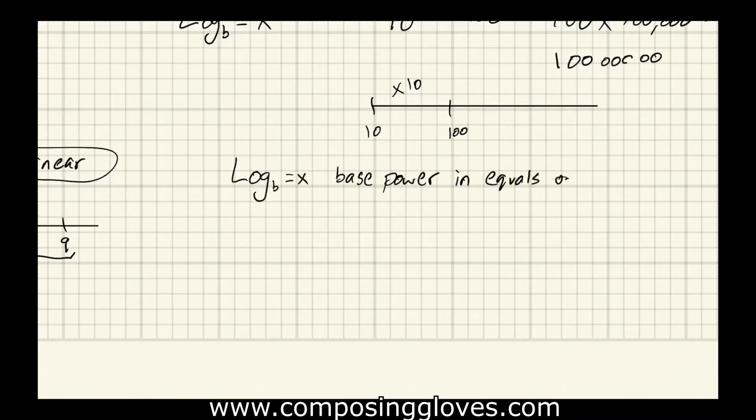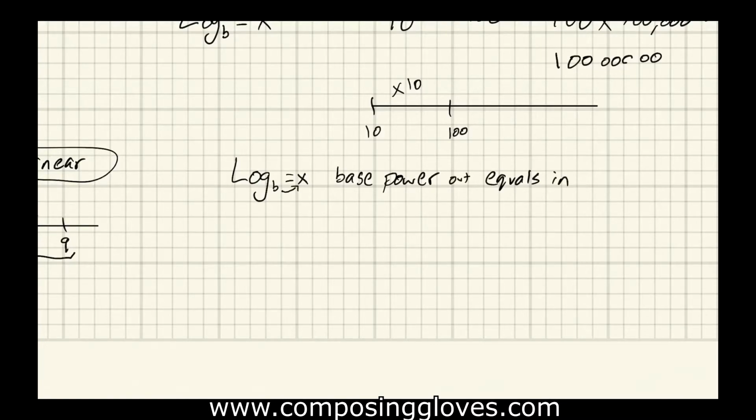And some people memorize it wrong. They'll say base power in equals out. What the motion will look like is base power out equals in. You should memorize your sentence correctly too. Base power out equals in.